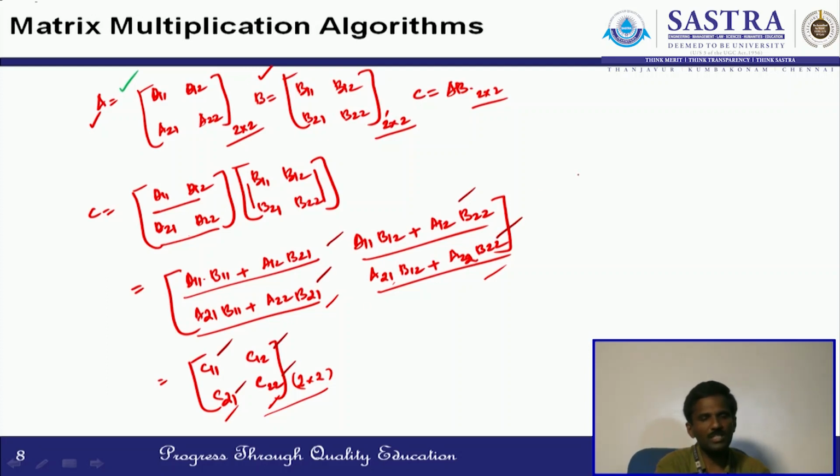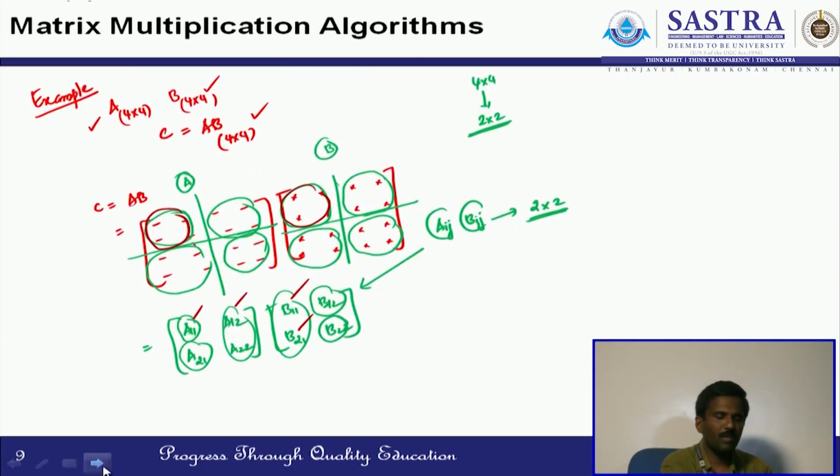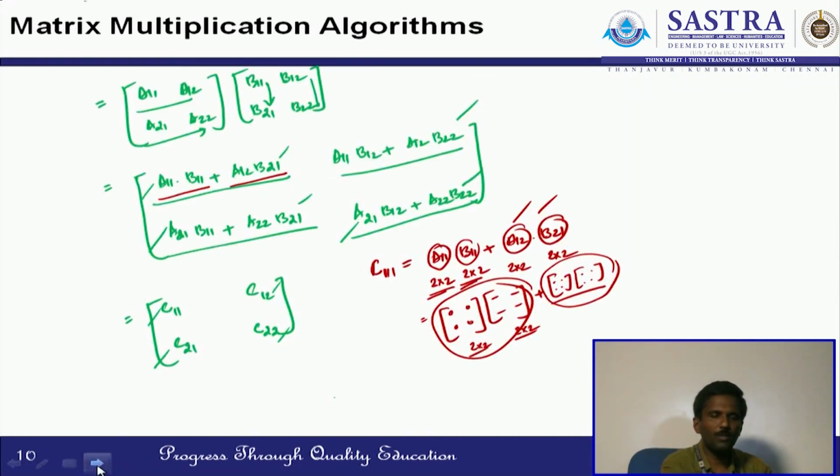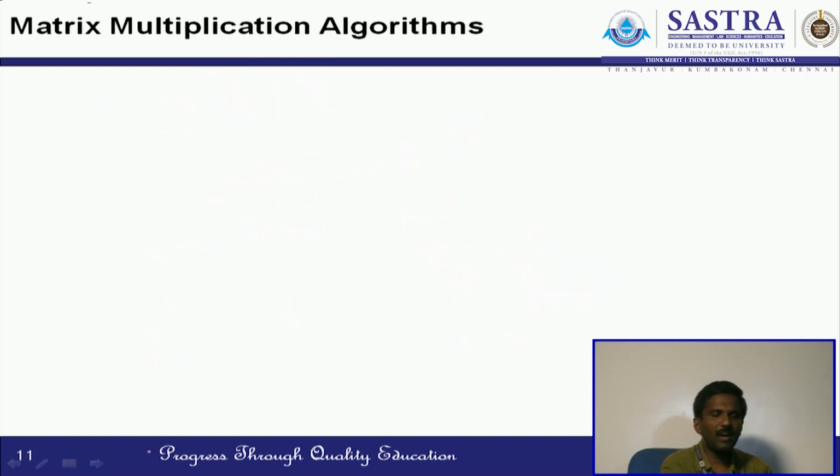So using this method, we can terminate the recursion when the input size is of the form 2 power n into 2 power n for both matrices, and assuming the matrix multiplication is possible, we can divide the matrices into smaller submatrices of equal sizes.